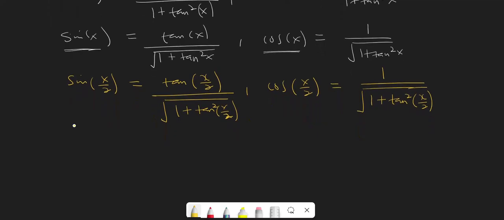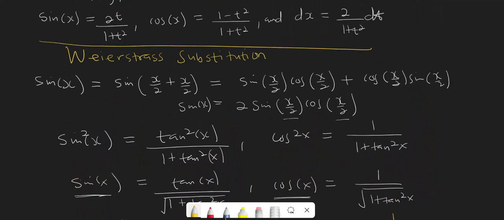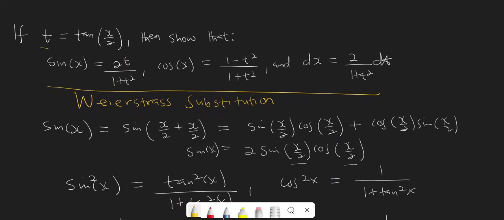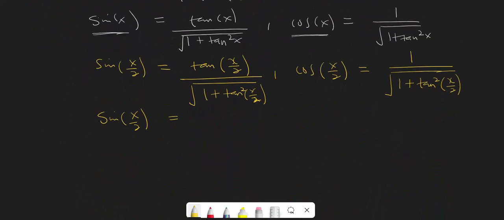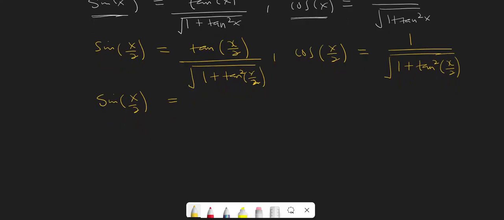So we can express sine x over 2 in terms of t. Initially, t is equal to tan of the angle x over 2. So wherever you see tan x over 2, you just replace that with t. That is the Weierstrass substitution. So sine of x over 2 is equal to tan of x over 2, which is t, all over the square root of 1 plus tan squared x over 2, that is t squared.